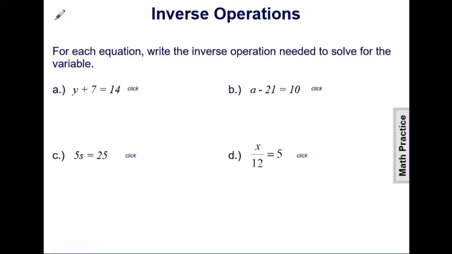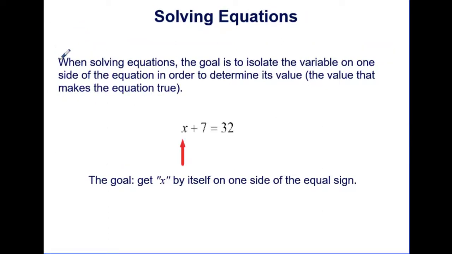For each equation, let's write the inverse operation needed to solve for the variable. So thinking of our inverse, if we go back, what is happening to the x, we can see that it's being added by 7.